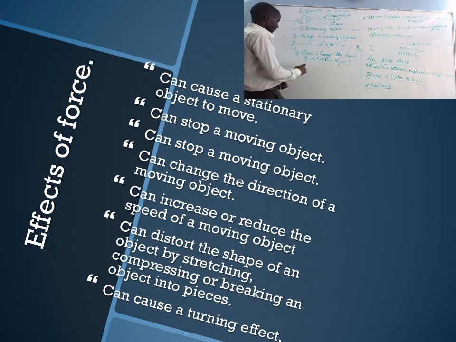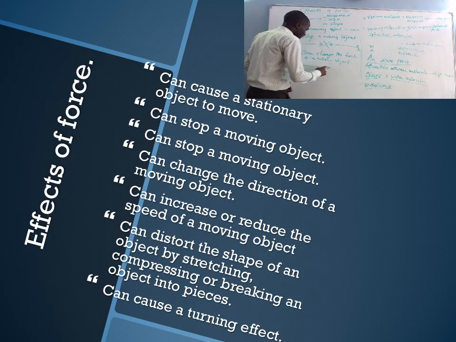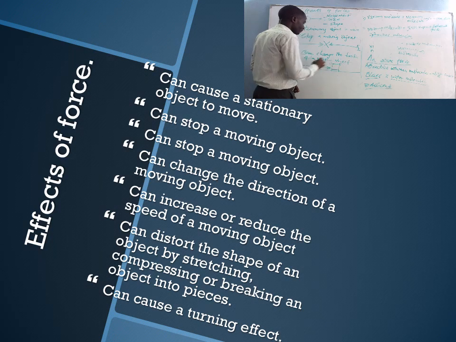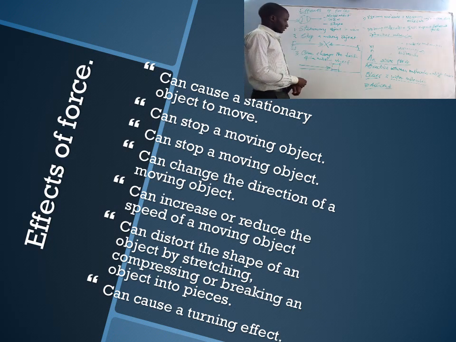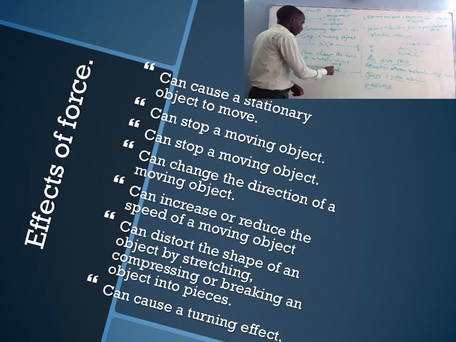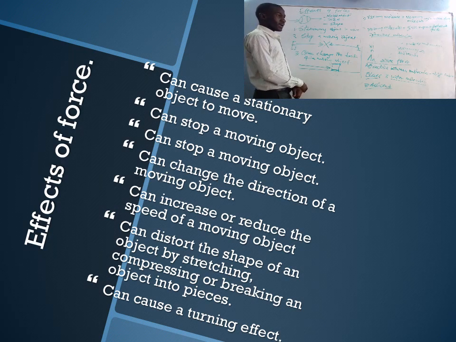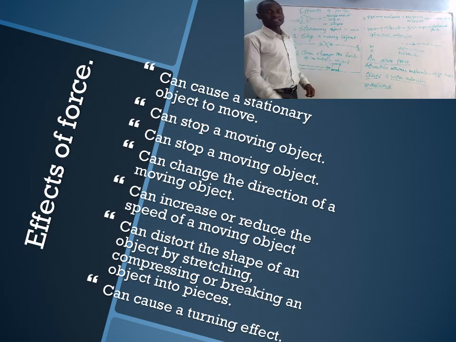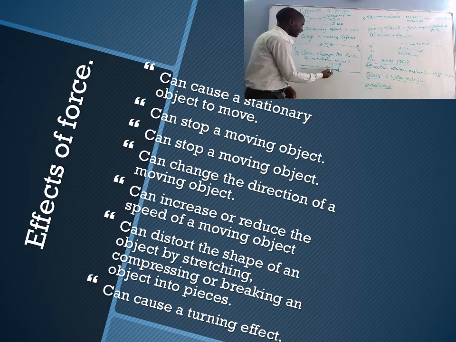If a car moving on a straight road hits an object on its path, then if the car does not stop moving but remains in motion, there is a possibility that it will change its direction of movement.